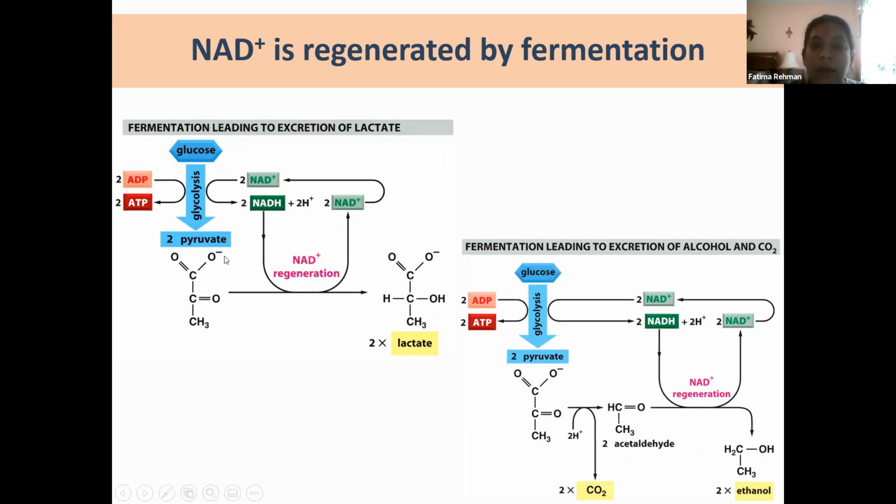So you regenerate NAD plus in this process as you break down the pyruvates into a smaller molecule, into 2 lactate molecules. What you get a buildup of in your muscles or in your body is the lactate molecules, which cannot be further broken down without oxygen. And so that can cause a problem.